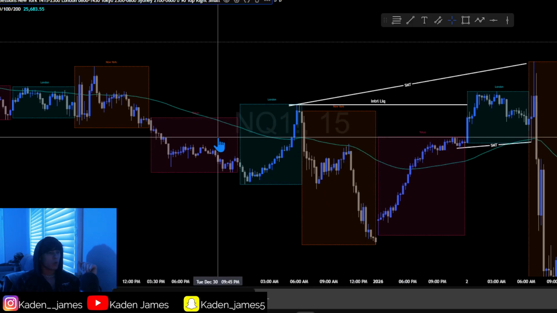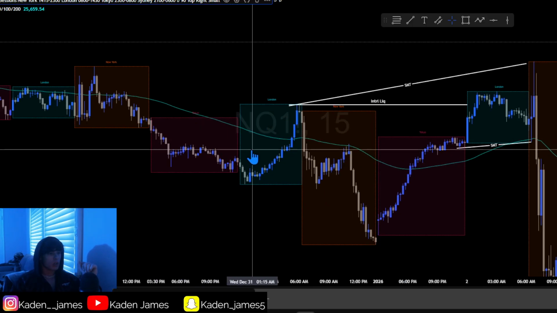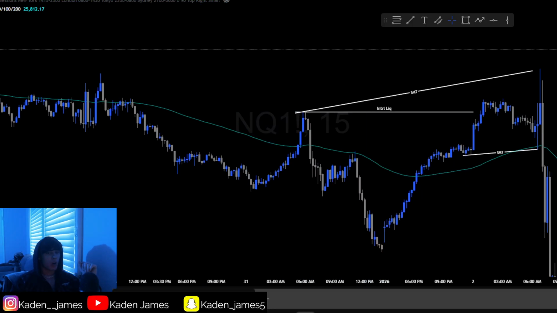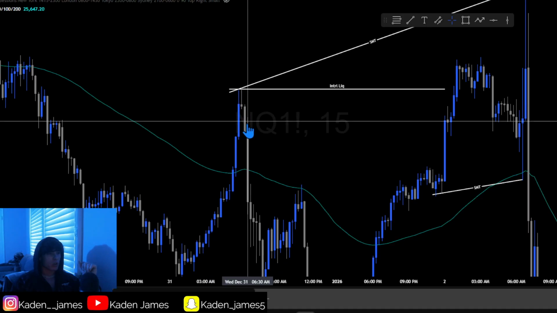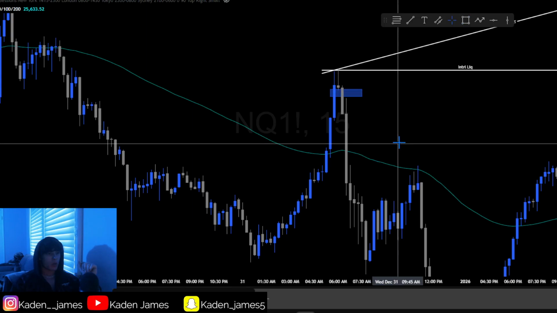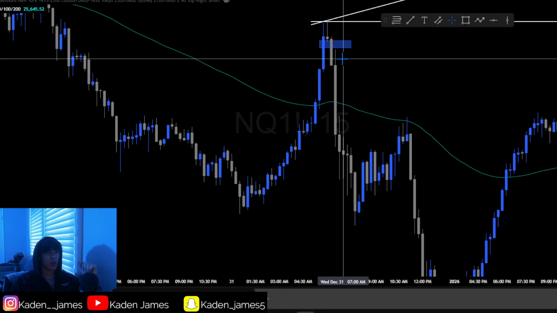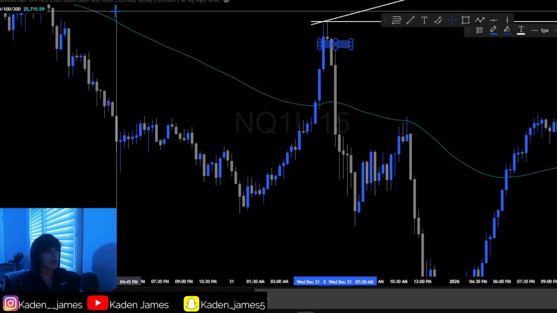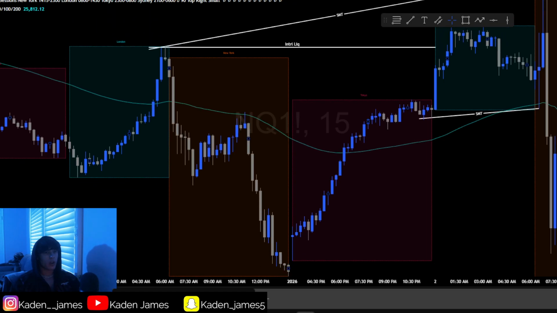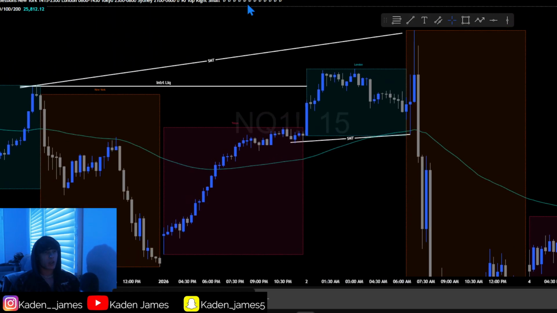So we get the accumulation. Okay, and then we manipulate above. And then what do we do? We start reversing. Here's this inverse fair value gap. And what am I targeting? Session lows, or the lows right here. Hourly lows or 15-minute lows. Okay, cool. So that was December. And then same thing here.